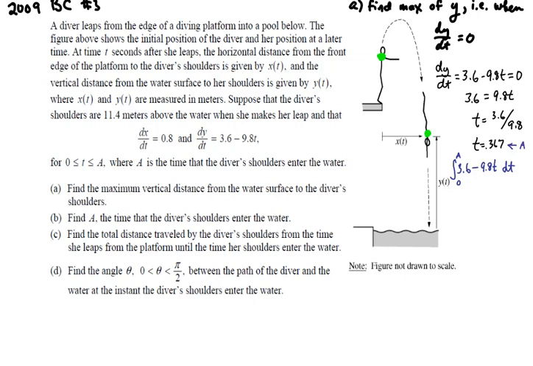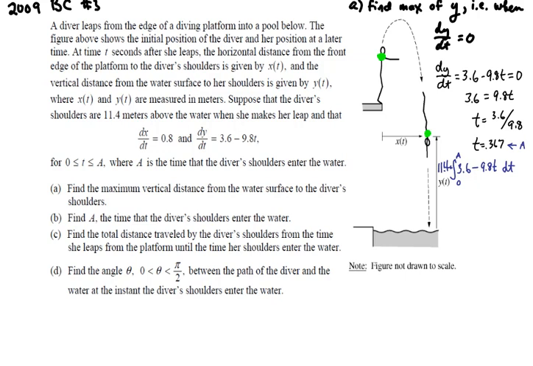And if we were to do that, all we would need to do then is to add that quantity, that change, onto 11.4, and it would give us the highest point. So if we were to add 11.4 plus the integral from 0 to a of 3.6 minus 9.8t dt, we would get the highest point.